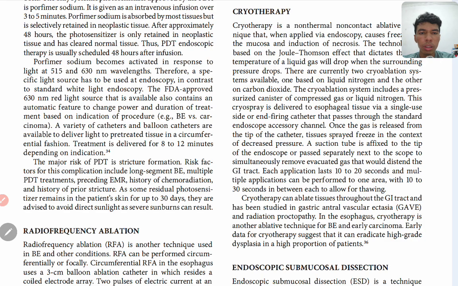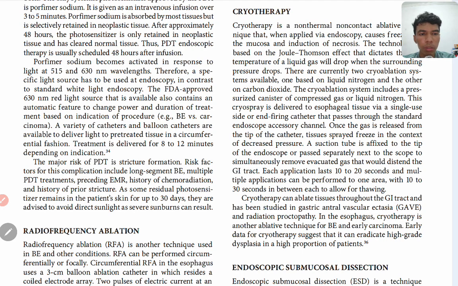The cryoablation system includes a pressurized canister of compressed gas or liquid nitrogen. This cryospray is delivered to the esophageal tissue via a single-use side or end-firing catheter that passes through the standard endoscope accessory channel. Once the gas is released from the tip of the catheter, tissue sprayed freezes in the context of decreased pressure.